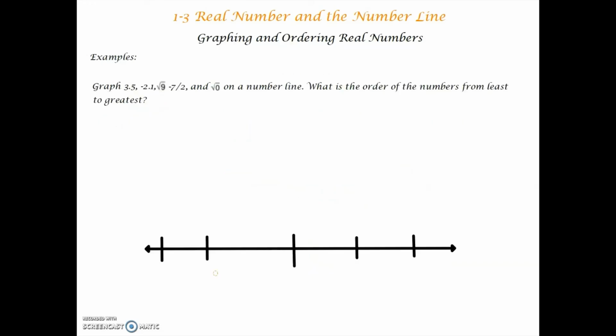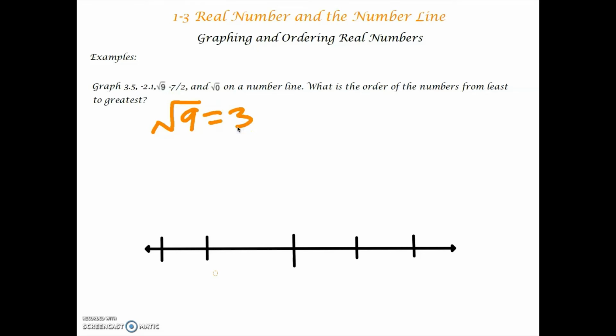Graphing and ordering real numbers. Graph 3.5, negative 2.1, the square root of 9, negative 7 over 2, and the square root of 0 on a number line. What is the order of the numbers from least to greatest? The square root of 9 becomes 3.